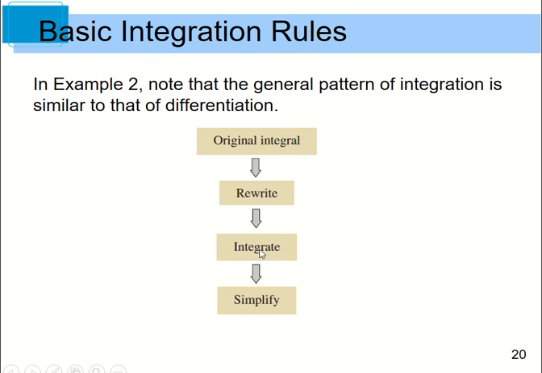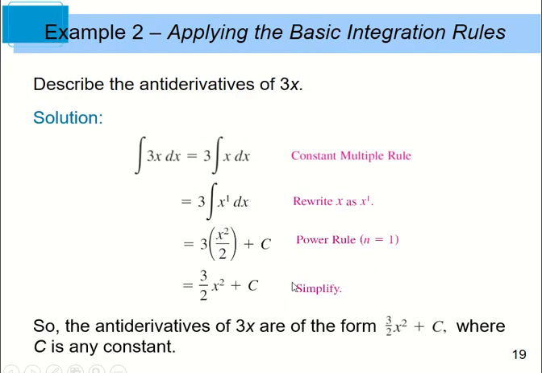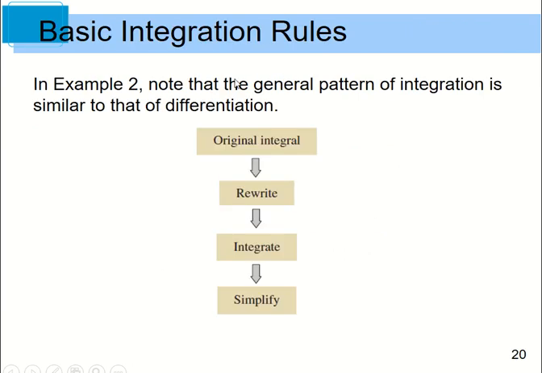After that we integrate: when we use the power rule, we add 1 to the power and divide by the new power. After that we simplify. These are the general steps for integration.